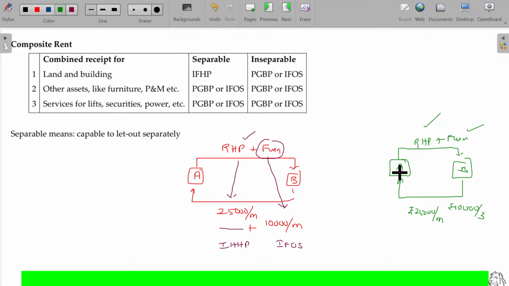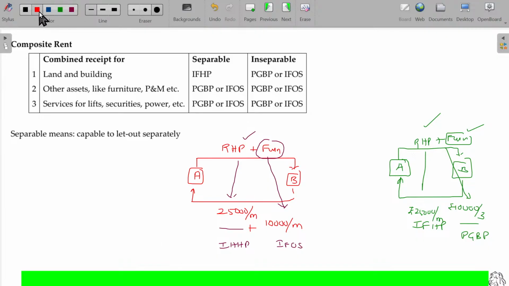In this case, A is giving all these things on rental as a business. Then this 10,000 will be classifiable as what? PGBP. The house rent will be income from house property. Is that clear? Hope you are now able to understand. So here rental is not only for the house property, it may be for other furniture or other facilities also.